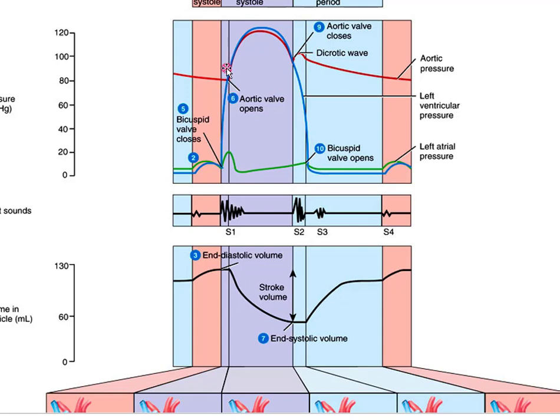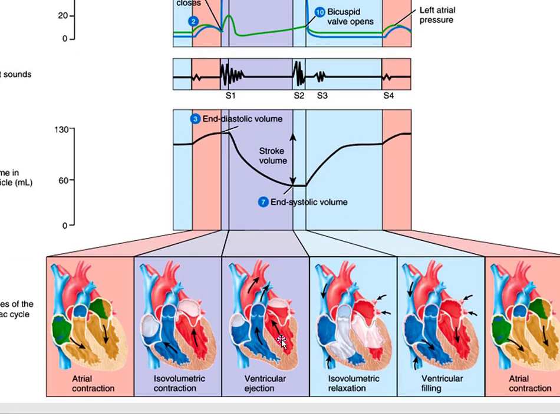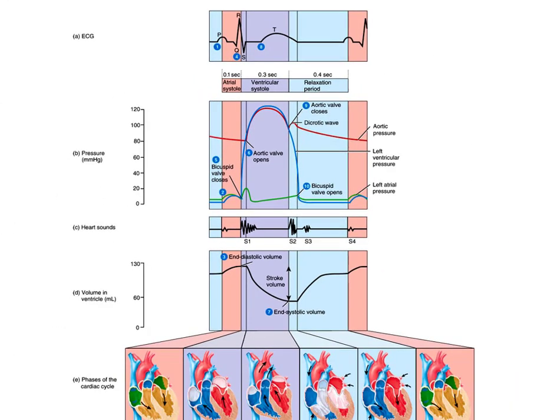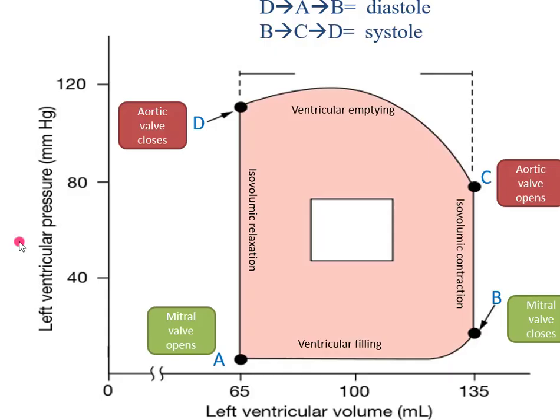That blue line stays higher than the red line right over here, which means that left ventricular pressure stays higher than aortic pressure. And again, this right here is ventricular ejection. If I bring that back to the other slide, as I keep doing, this right here is ventricular ejection. I wrote emptying here. Emptying and ejection are the same thing.